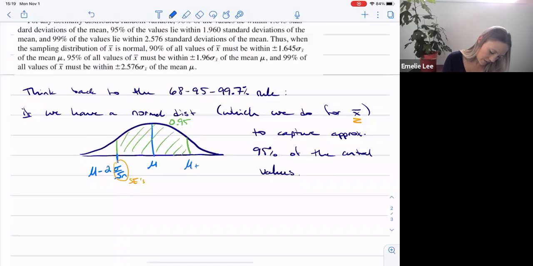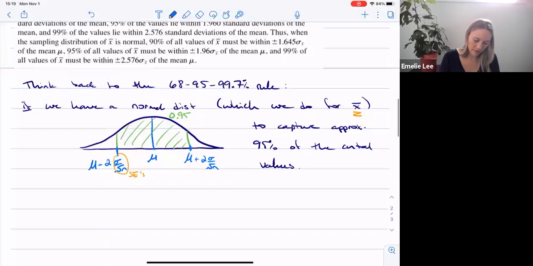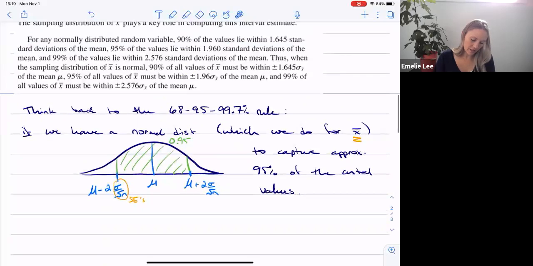And mu plus 2 sigma over root n. I don't know mu, so I'm going to go from X bar. But this is the idea behind a confidence interval: we're building intervals and we're trying to capture the population mean, for example, and it hinges on having a normal distribution, because then we know properties about the normal distribution.